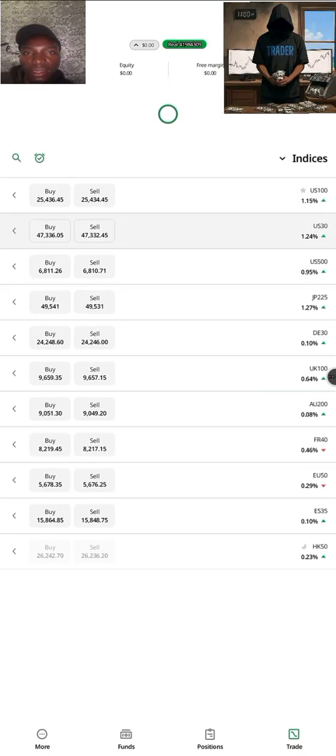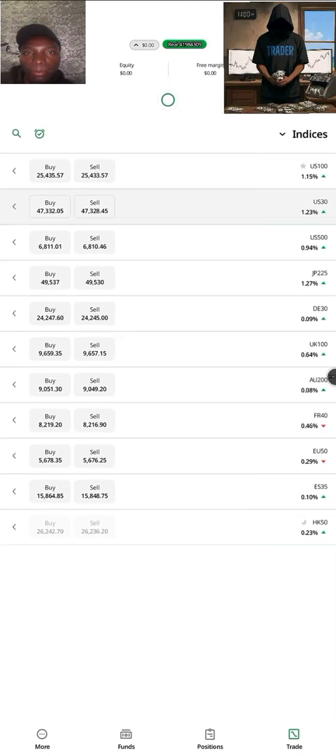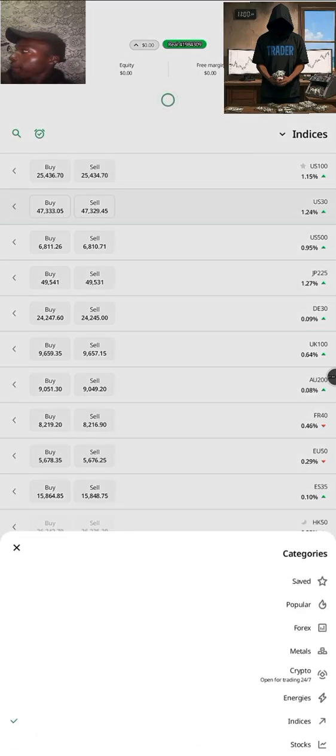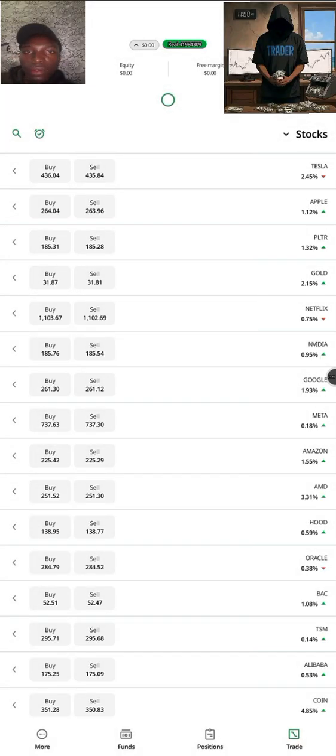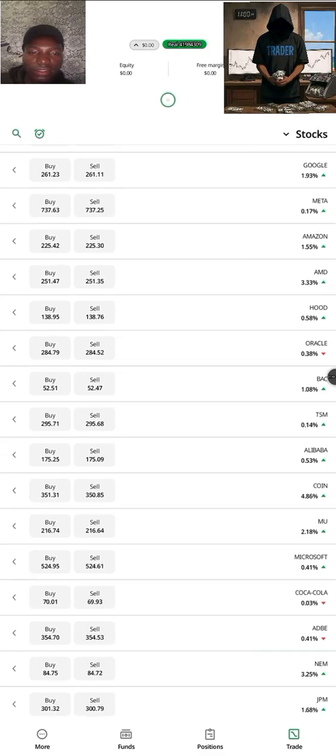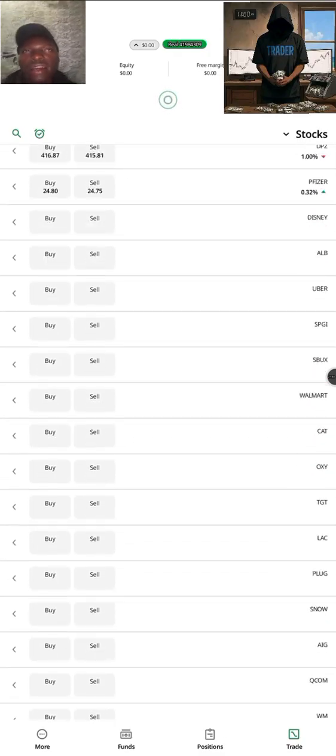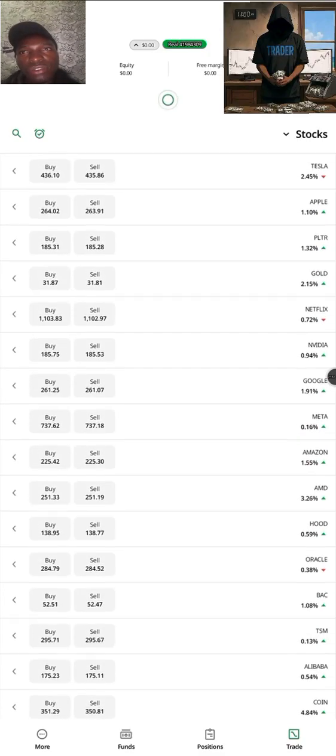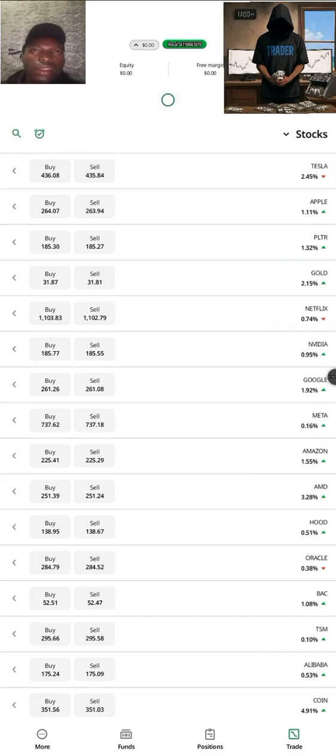Let's see the next one. The next one is stocks. Stocks are where companies sell their shares. When you deal with the CDS, you can buy the real shares and just hold them.